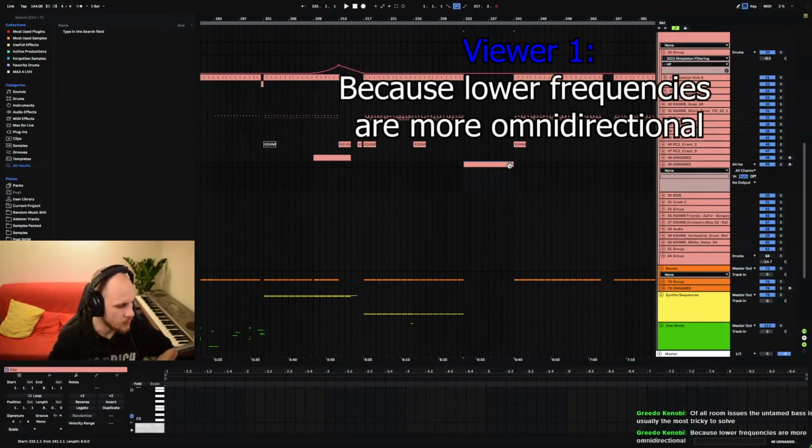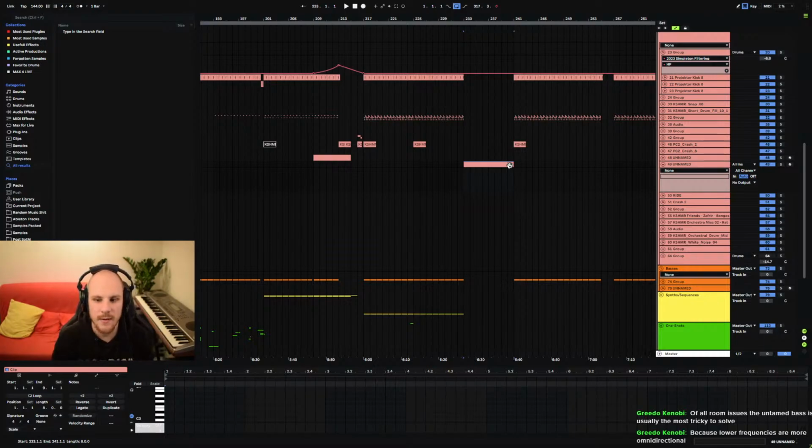You don't want any of that, because lower frequencies are more omnidirectional. That's not entirely true. They carry out more. Means that it takes more energy for them to go to a lower volume. Or technically not, it's just that their wavelength is longer, so it takes more space for them to go to a lower volume. They decay at the same rate. But higher frequencies are faster, it's air moving very, very fast.